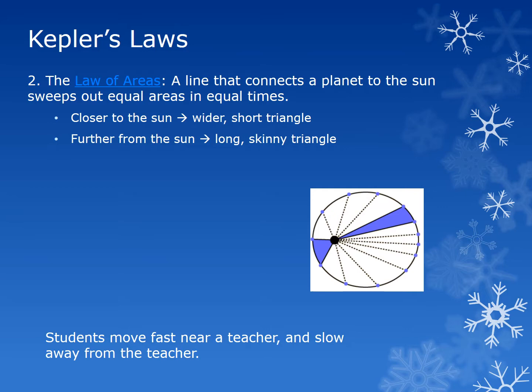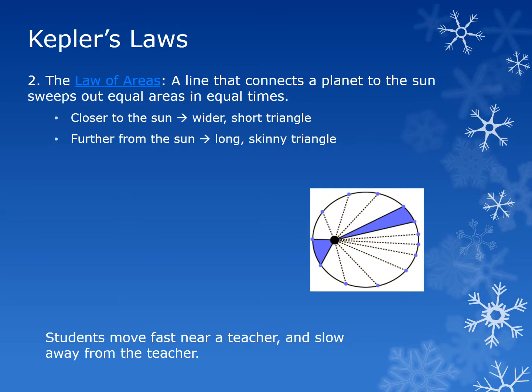The second law is the law of areas. This slide does have an animated GIF, but the recording system I'm using doesn't want to animate anything for me. So take a look at some animated GIFs of Kepler's second law if you get a chance.